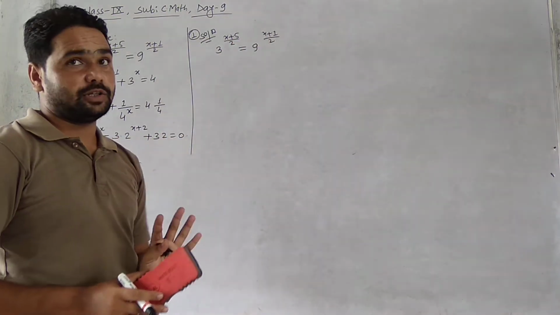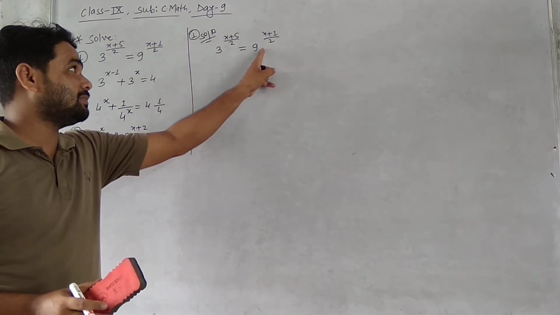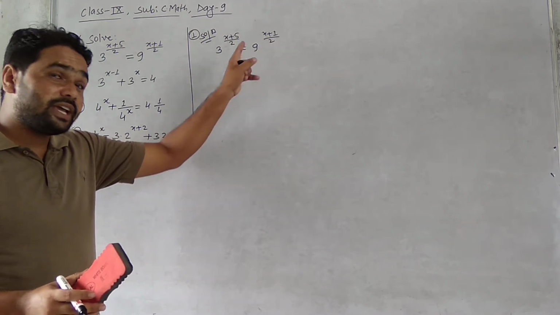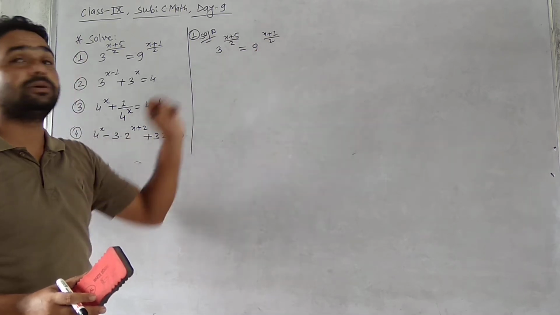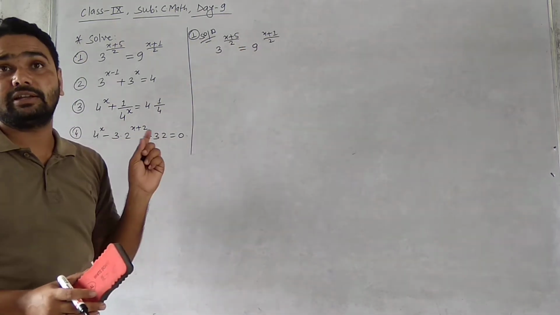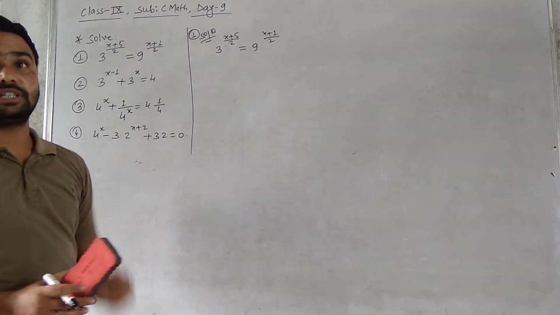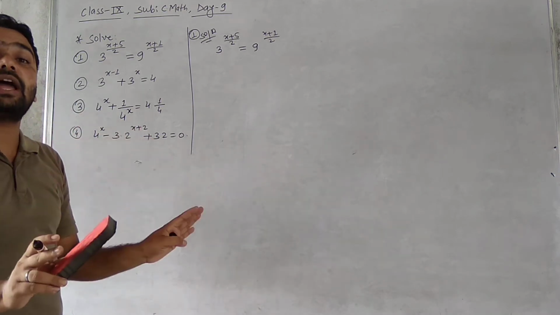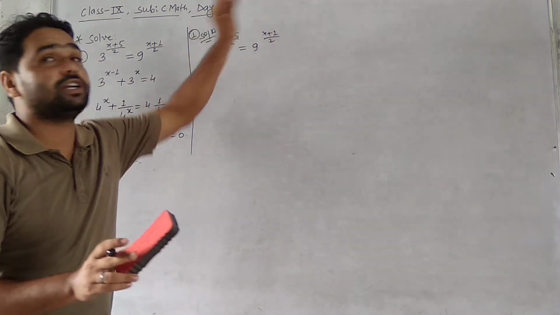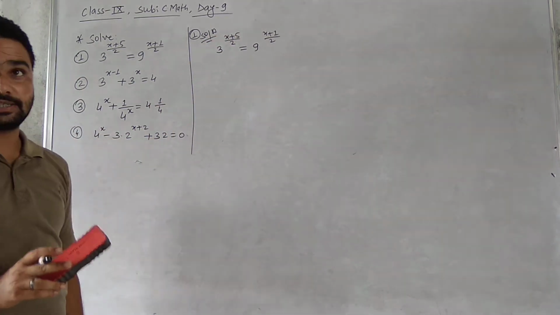We can write 9 in the form of 3, but 3 cannot be written in the form of 9. So let's write 9 in the form of 3 first. Make the base the same first, then we can equate the power, solve, and find the value of x.